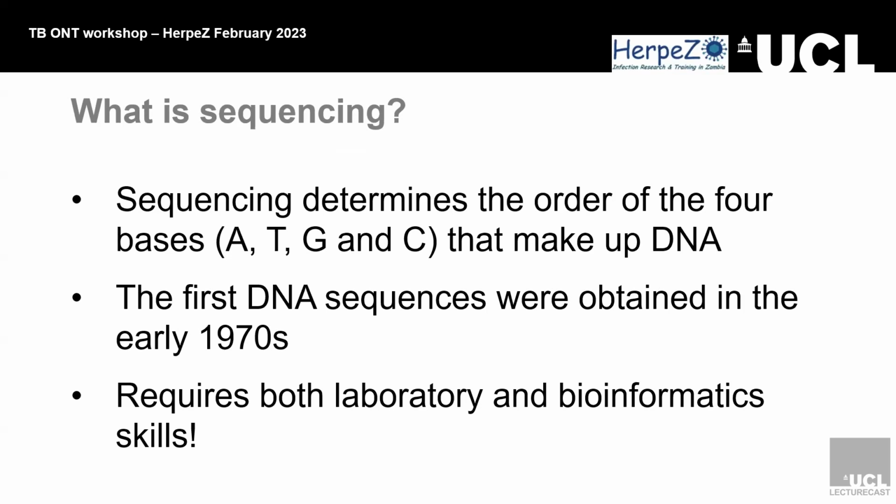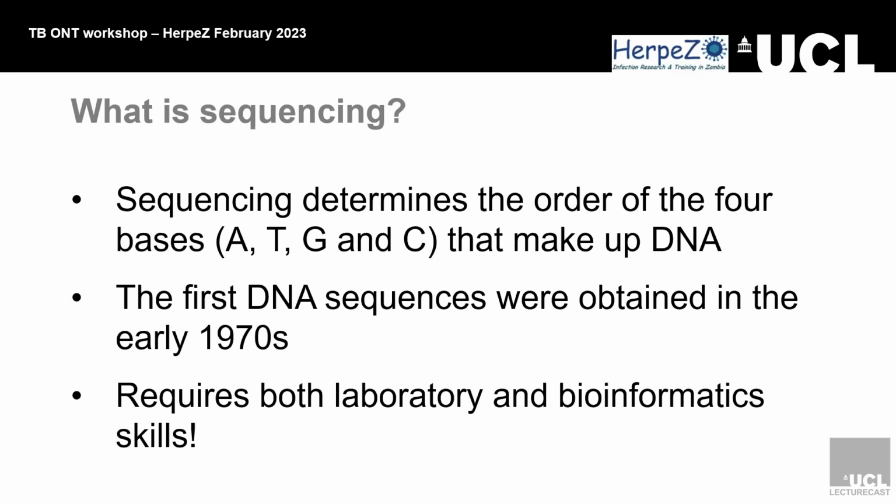So basically, what is sequencing, right? Sequencing is determining the genetic makeup of the organism that you're looking at. We know all organisms, their DNA is formed of A, T, G, and C. If you're looking at organisms like viruses, which is RNA, it's A, U, G, and C, because it uses uracil instead of thymine.